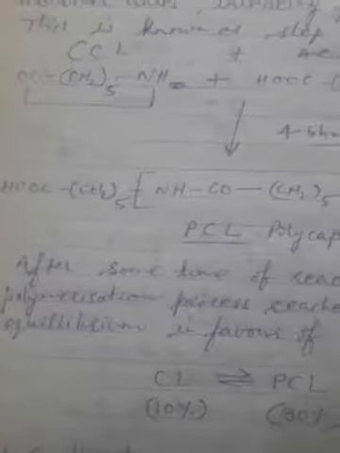Means now in the step addition the polymerization starts, or this is known as the step of initiation of the reaction. Here you can see n number of caprolactam molecules are added one by one to aminocaproic acid.